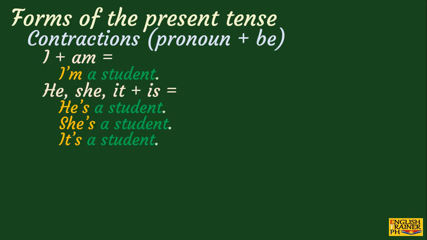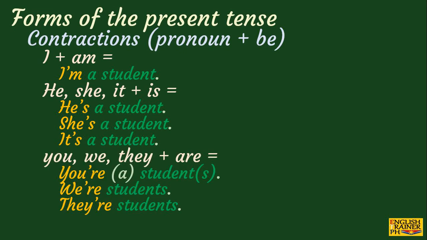For he, she, and it plus is, it will be he's, she's, it's. For you, we, they will be are. You're a student, we're students, and they're students.